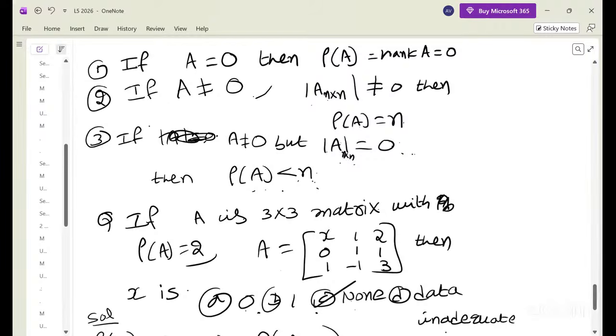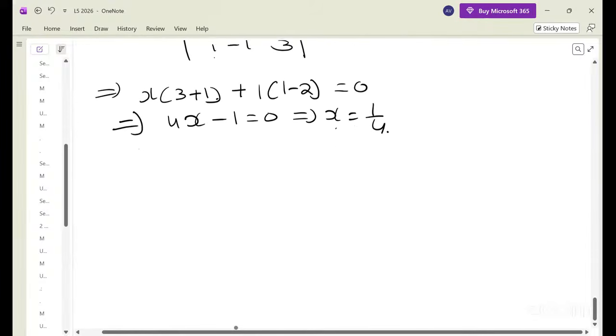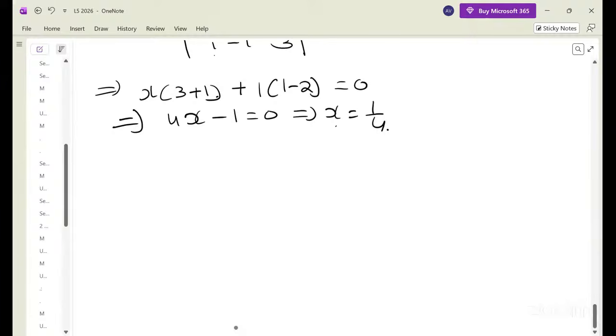It holds both ways. If the determinant is not 0, rank becomes equal to the order. This is how you can see the application, for example for 2 by 2 and for 3 by 3.